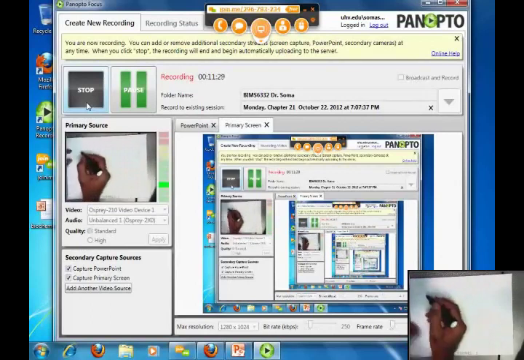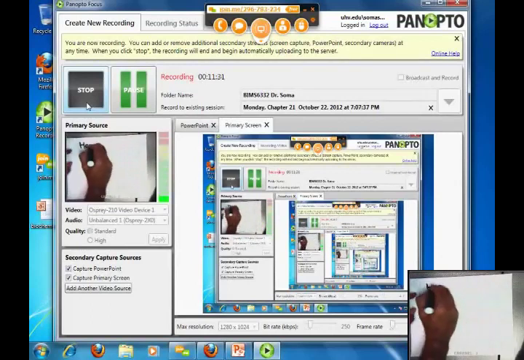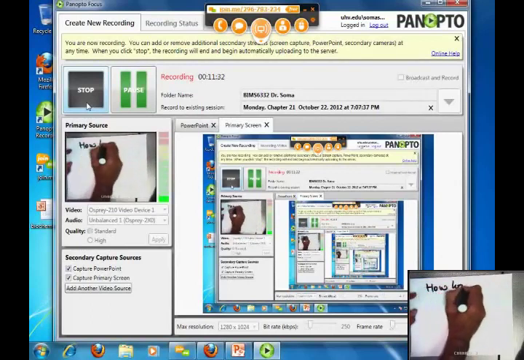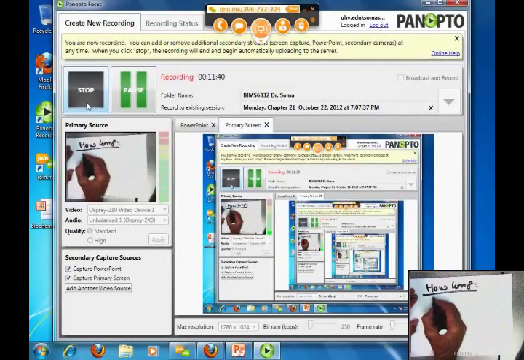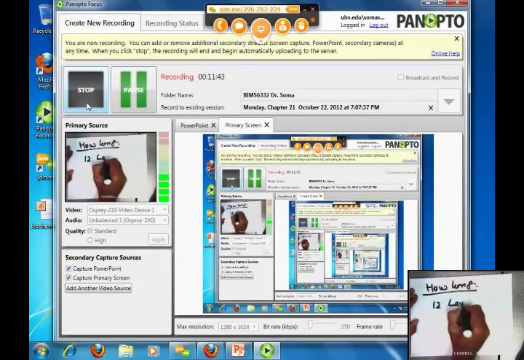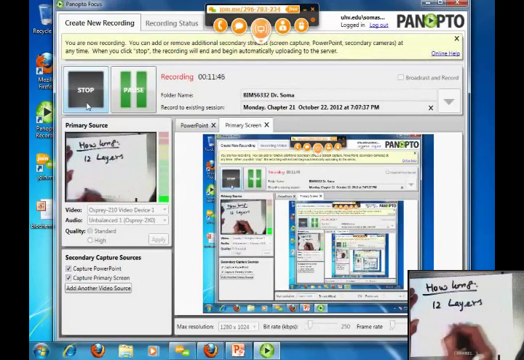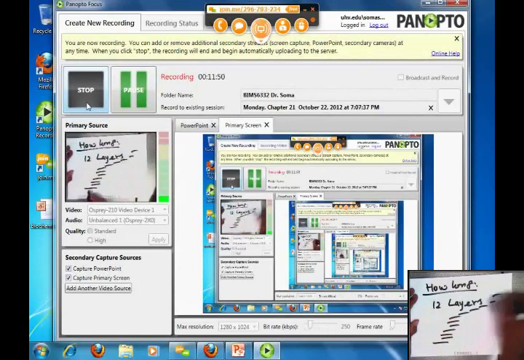Okay. How long is this glycogen molecule? As I said, it is a polymer, and it has about 12 layers because of the branching, one to the other, 1, 2, 3, up to 12.